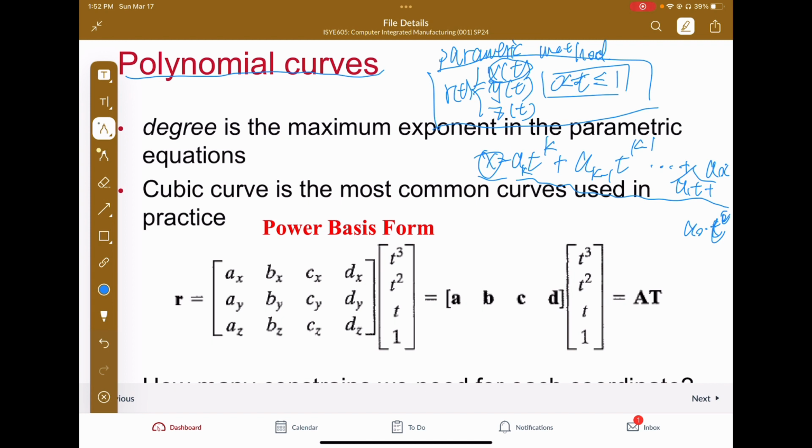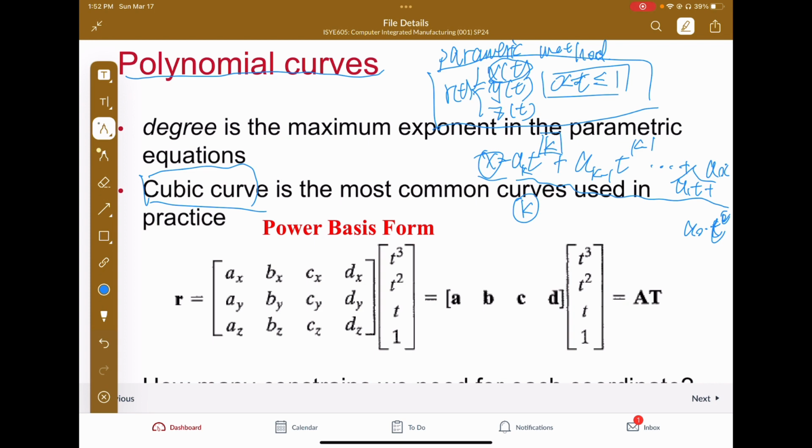In this expression, the highest order is k, so this is a k-order polynomial curve to describe the value. In order to have freedom for C2 continuity, for curvature continuity, what we use is cubic.